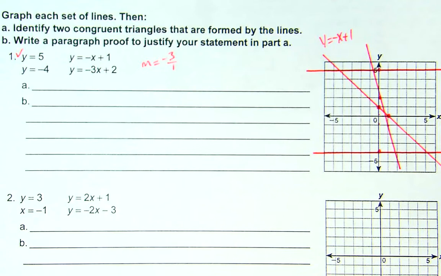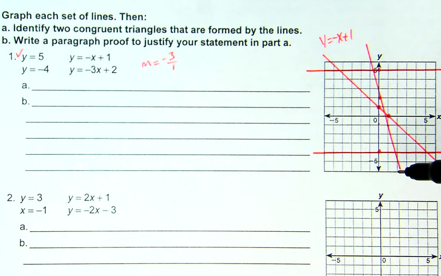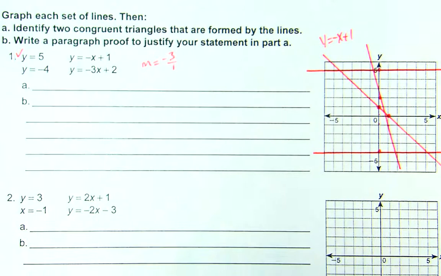And now I have two triangles that intersect here. Now, what can you tell me about these different parts here? They're vertical angles.